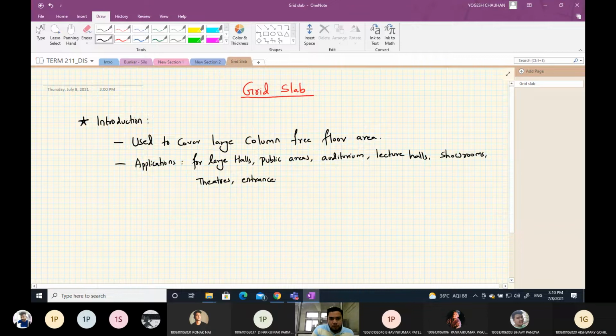Even in our college, we have this grid floor at the entrance of the college building.